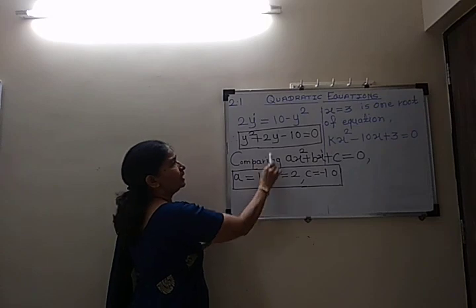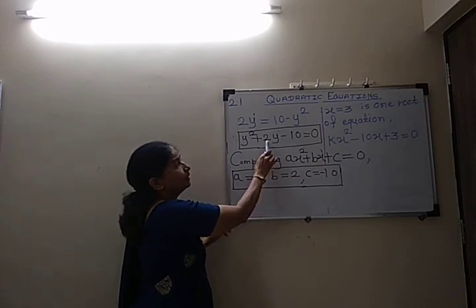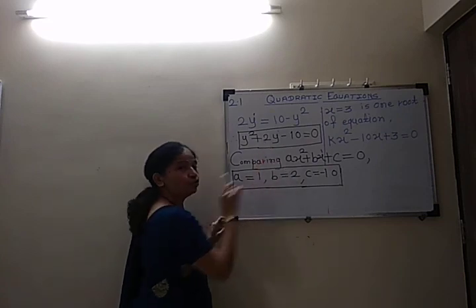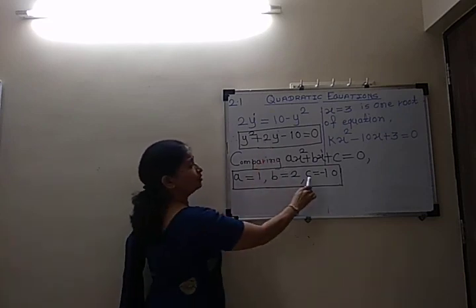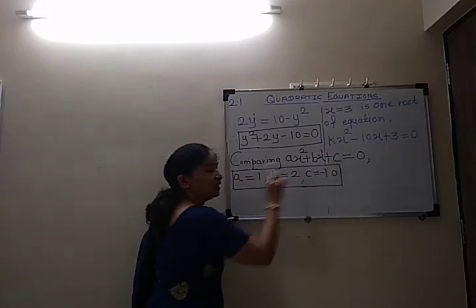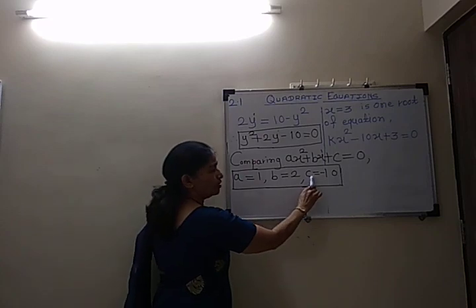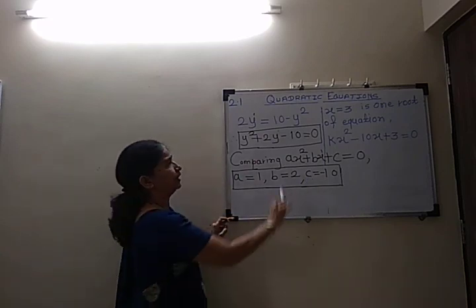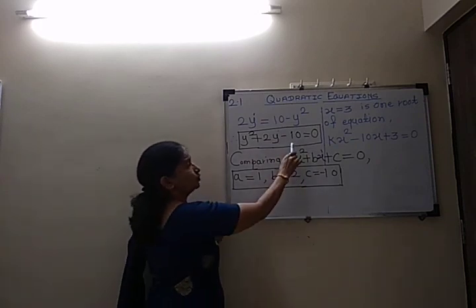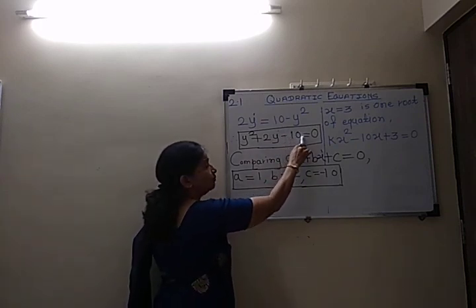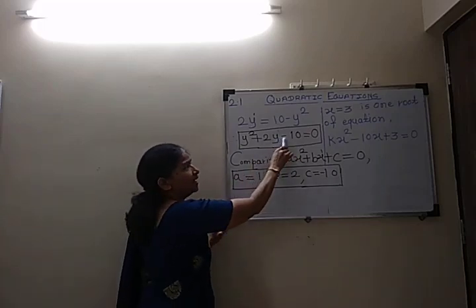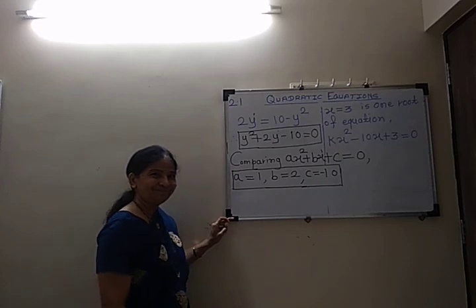Because b is the coefficient of the middle term, that of which index is 1. What about c? How to find c? That c is always a constant number. So from this quadratic equation, I saw the constant number was not 10 but minus 10.